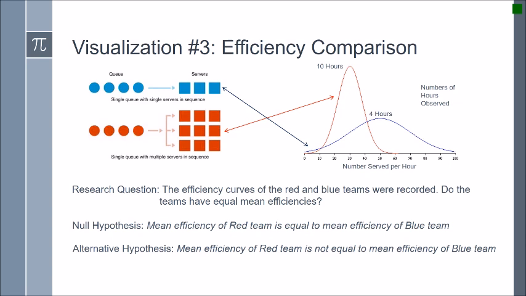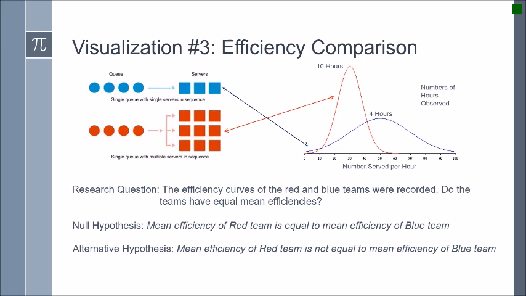I'm not sure about what it means, but it seems like there is more efficiency being given to the red blocks as compared to the blue dots. So if we are giving efficiency to the red blocks is 4, then we are giving 10 hours efficiency to the blue blocks. So it means that we are going to accept the alternative hypothesis.